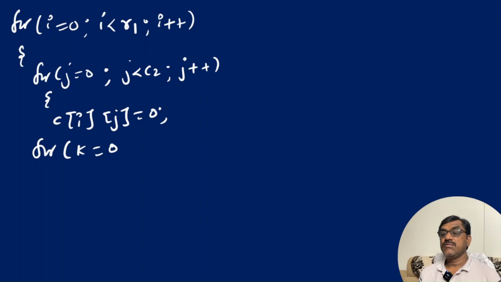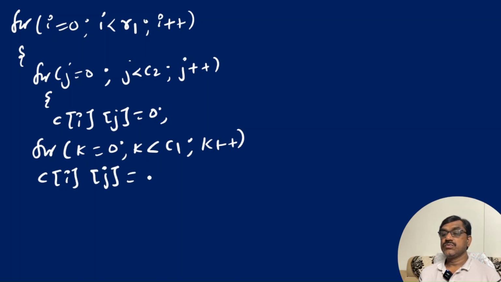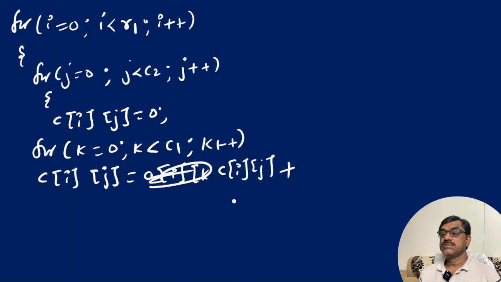I said for k equals 0 and k is less than C1, or you can say R2, both are valid, k plus plus, and here you write C of ij equals C of ij plus a of ik into b of kj.